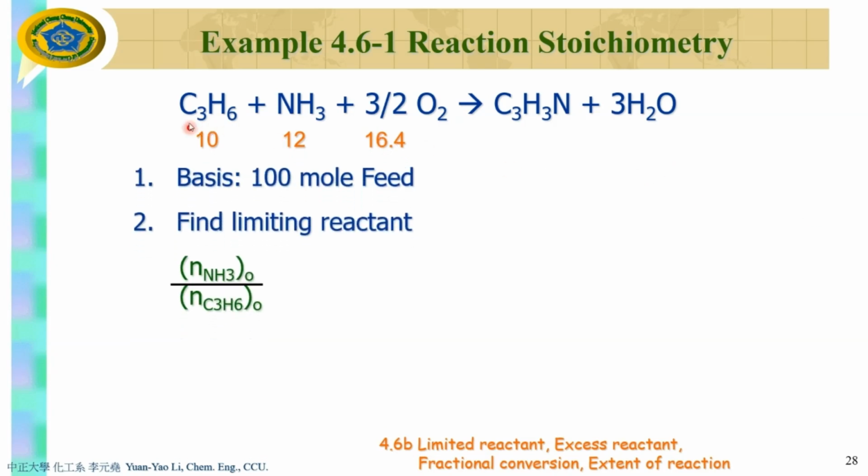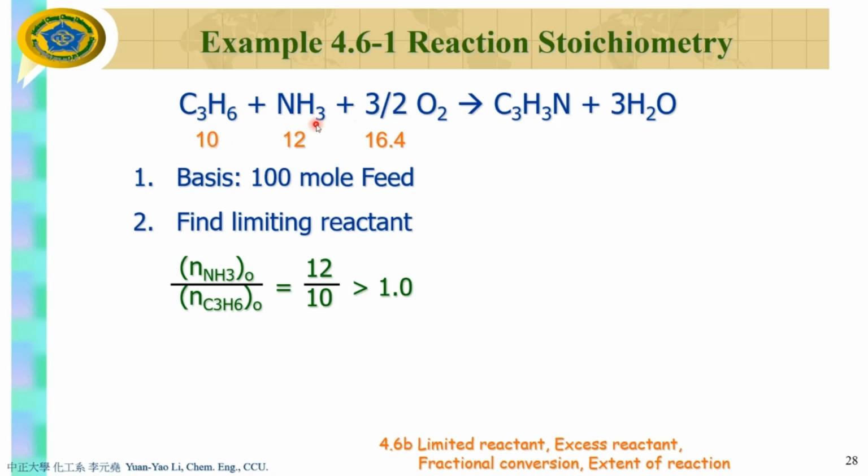If this needs to be 1 mole, and this needs to be 1 mole, then moles of ammonia divided by moles of C3H6 needs to be equal to 1. If it is more than 1, that means ammonia is the excess reactant, because ammonia has more. So when you do the calculation, 12 divided by 10 is larger than 1.